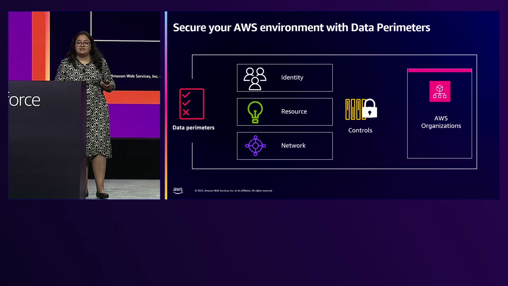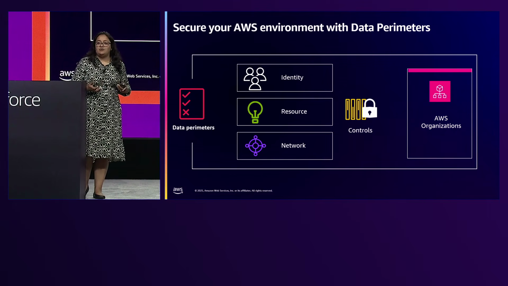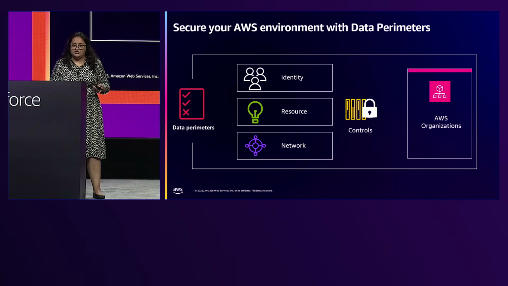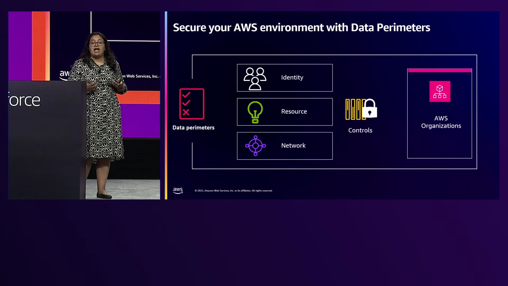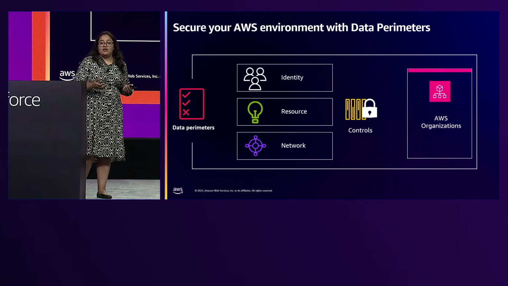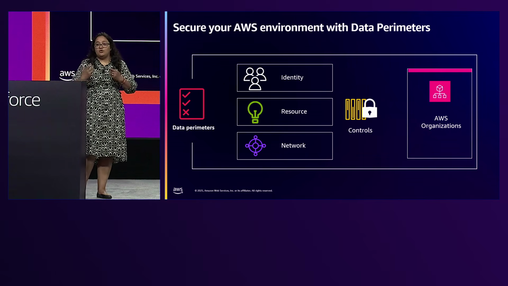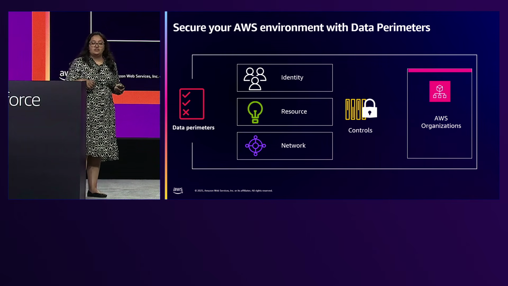So who are these trusted identities? Typically, these are identities within your AWS account, IAM entities within your AWS account or within your AWS organization, as well as AWS service principals that are taking action on your behalf on your AWS resources. So anyone other than that, you can say you do not want them to be able to access your resources, not trusted versus trusted.